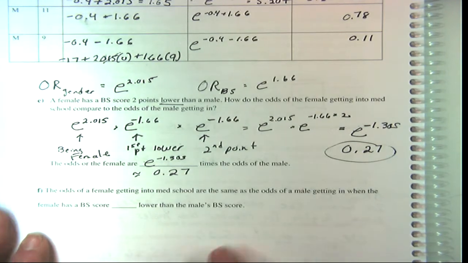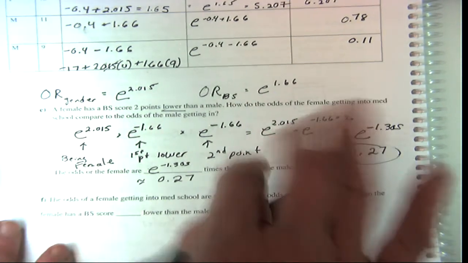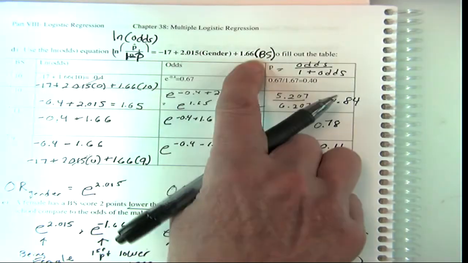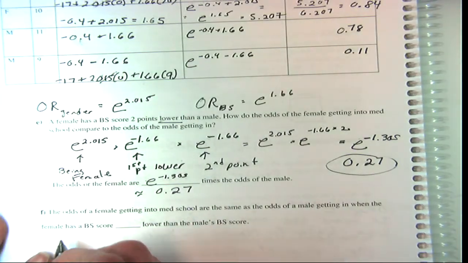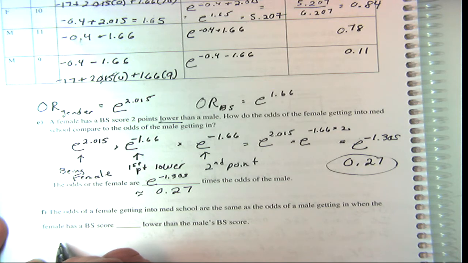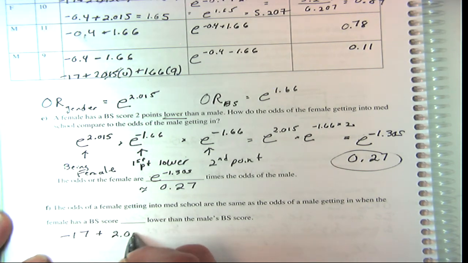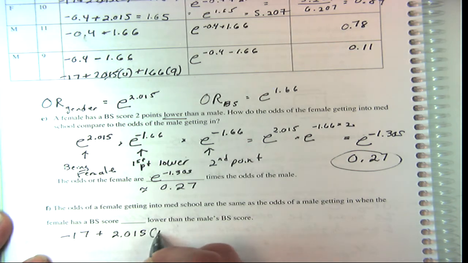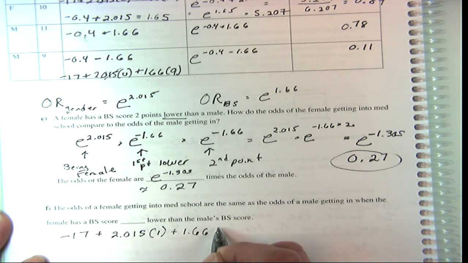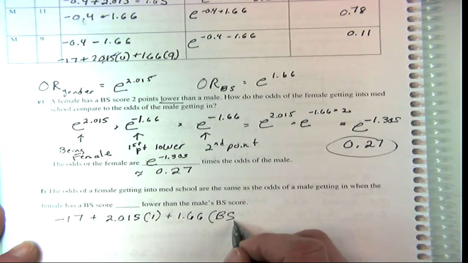But here we can do it out here. So their log odds equation, if you don't see that right away, you can just say, okay, their log odds equation for a female is negative 17 plus 2.015, 1 for being female, right? Plus 1.66, and then she has some biological science score. That will be her score.